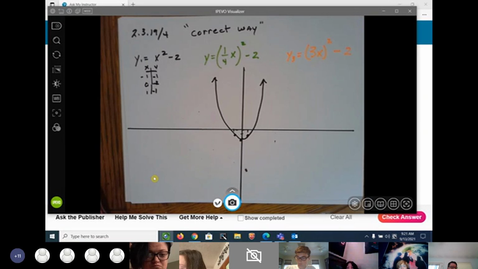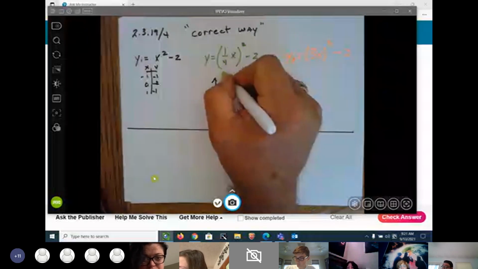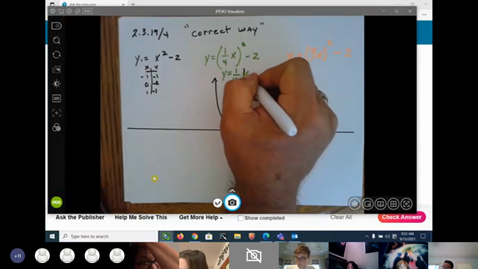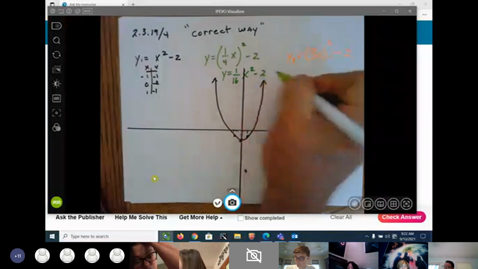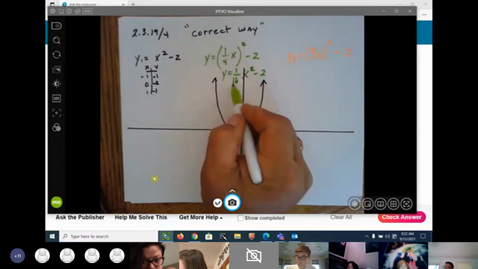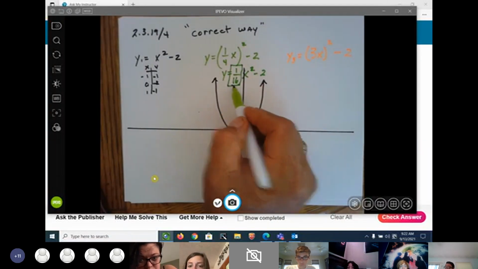This one, I'm going to have to go y is equal to 1/16 x squared minus 2. What does the 1/16 do to the problem?